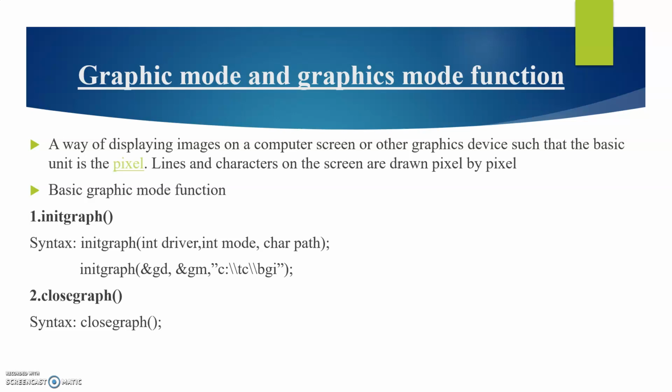By default, the system is in text mode, but if we want to draw some graphical figure or some images, then we have to work in graphics mode. In that condition, we will switch from text mode to graphics mode.